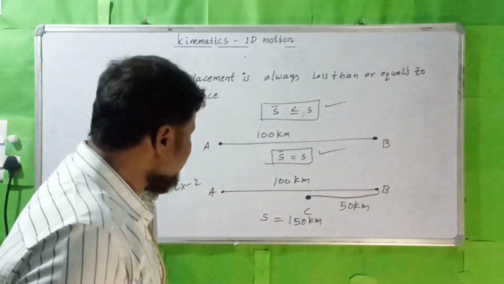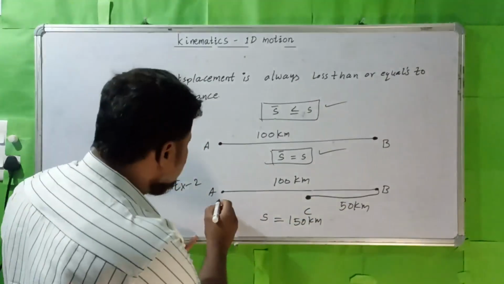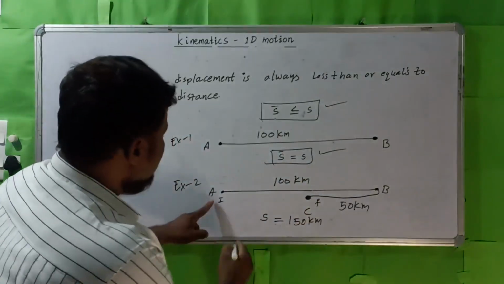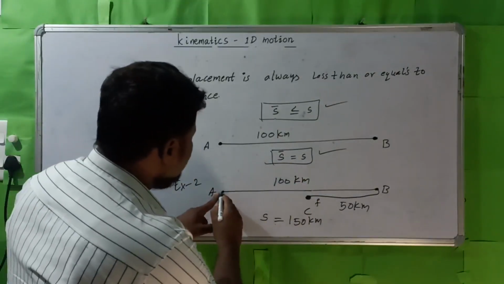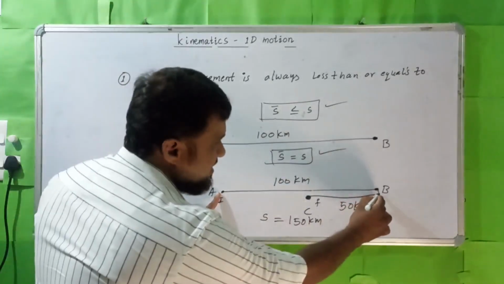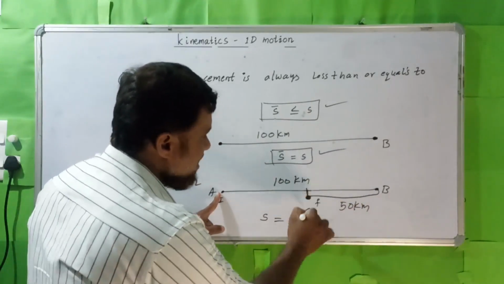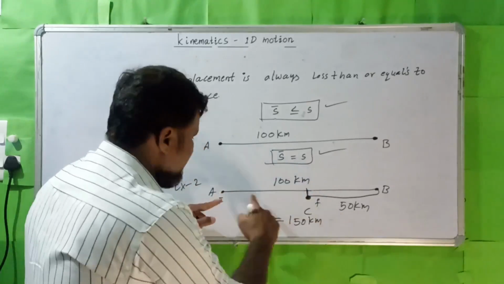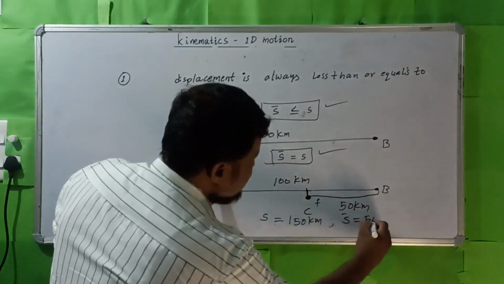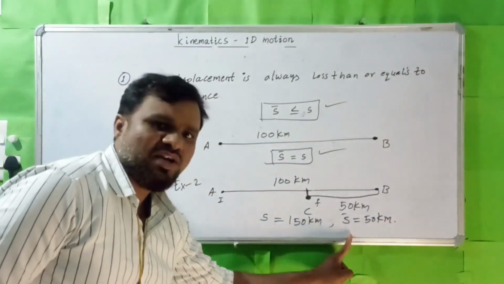Now coming to displacement, the shortest distance between initial and final position. A is the initial position and C is the final position. He traveled 100 kilometers and returned 50 kilometers, so 100 minus 50, you have to subtract 50. From initial to final position, S bar is equal to 50 kilometers.